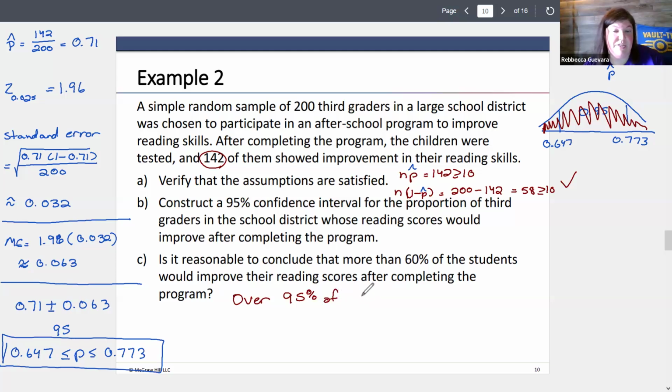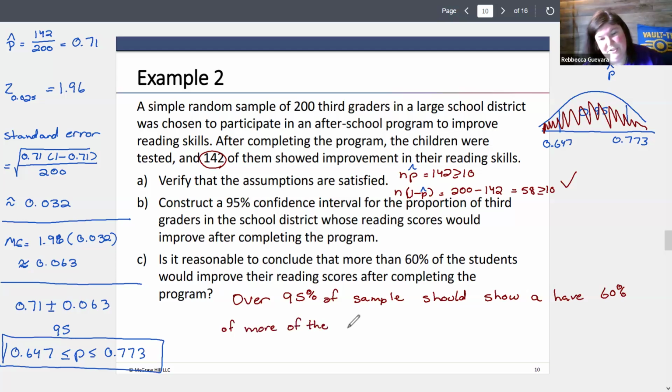So over 95% of samples should have 60% or more of the population showing improvement.